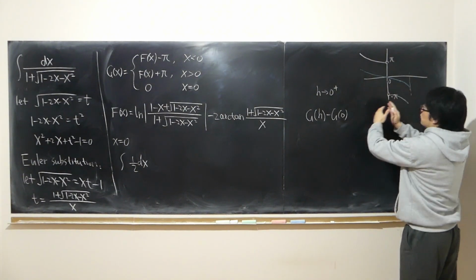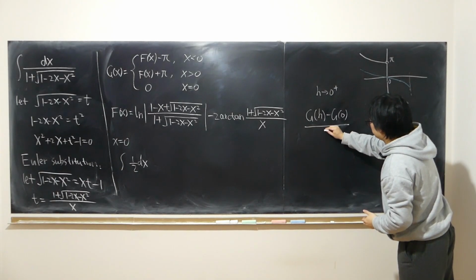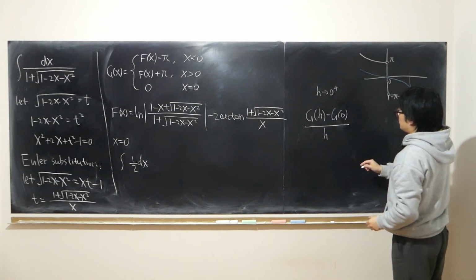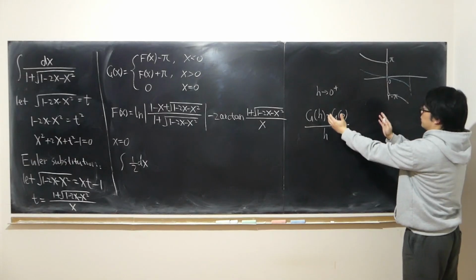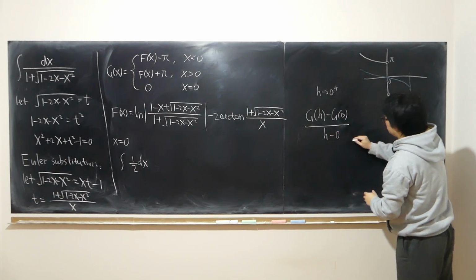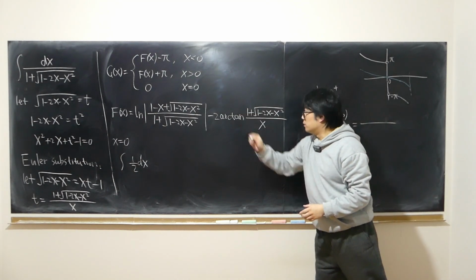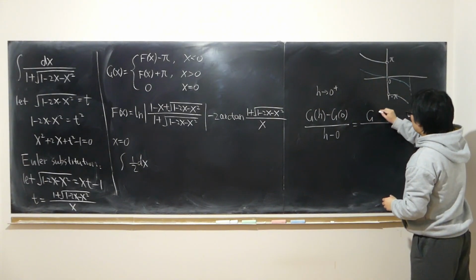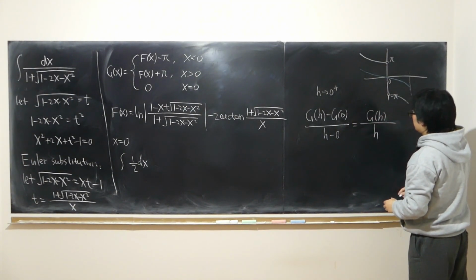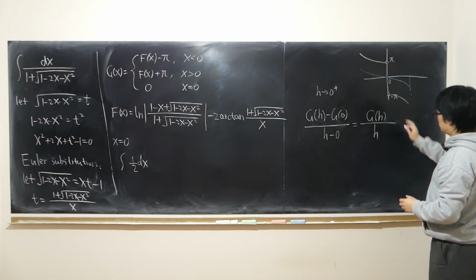Try the right-hand side, then try the left-hand side. Find the limit, if there is a limit. First principle of derivative: g of h minus g of 0 over h minus 0. But g of 0 is what? Defined to be 0. So all we have to work out is this one. When h approaches 0 from the right-hand side, what's its limit?